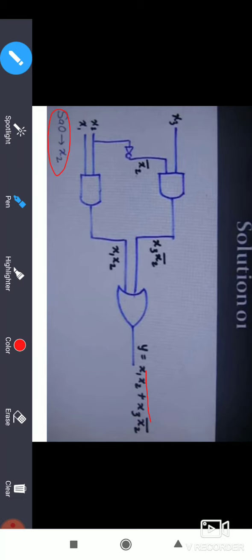Total expression is y equal to x1 x2 plus x3 x2 bar.